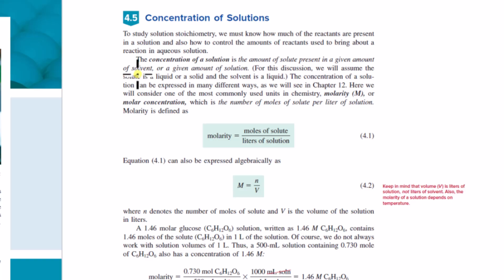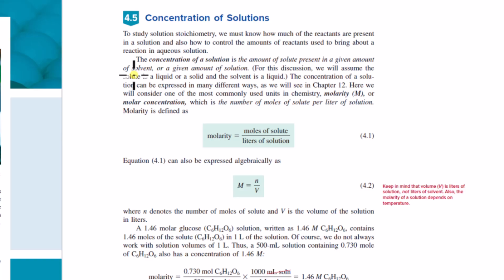So why are they implying that the amount of solvent and the amount of solution are pretty much the same thing? Well, because in general, that's going to be the case. When you have a glass of water and you dissolve some salt into the water, the overall solution volume is just the same as whatever the volume of the initial solvent was, right?